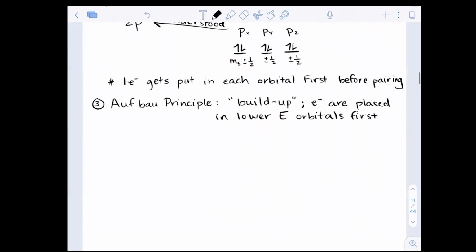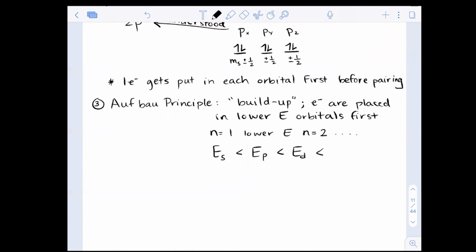So yes, that means that n equals 1 is lower in energy than n equals 2, and etc., right? But also, the energy of the s orbital is lower than the energy of the p orbital, and it's lower than the energy of the d orbital.